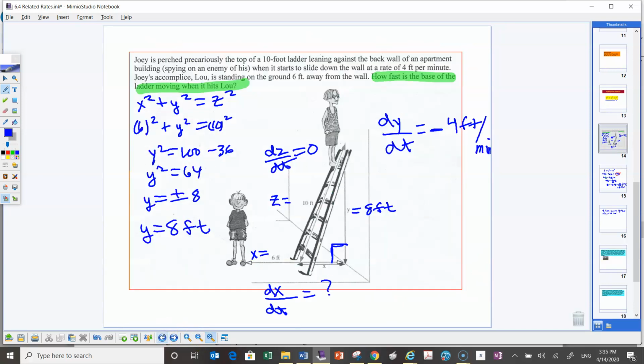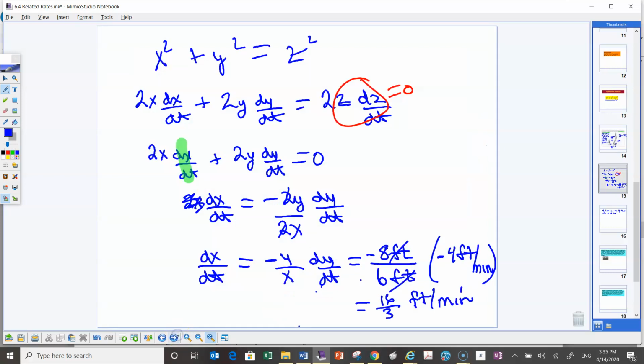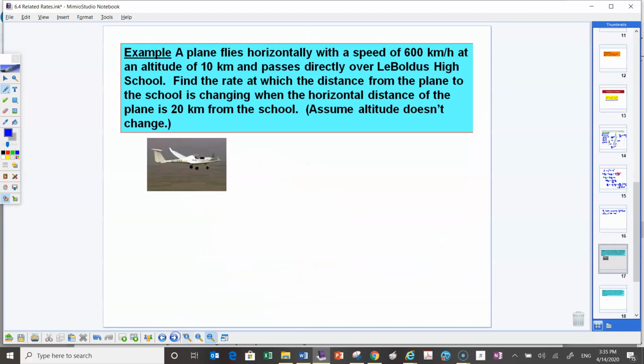Now sometimes it might be the y quantity that's not changing, so dy/dt would be 0. Sometimes it might be the x quantity that's not changing. Sometimes all three might be changing, and we're going to explore all the different types going through the next few examples. So here we have a plane flying over Lobolis High School. Okay, so here's our ground, here's our school, and it's traveling with a speed of 600 kilometers per hour.